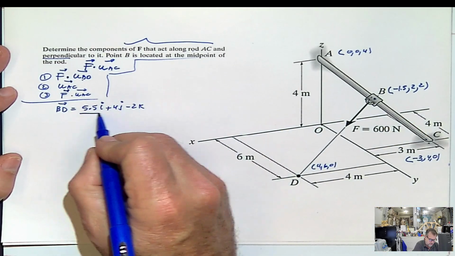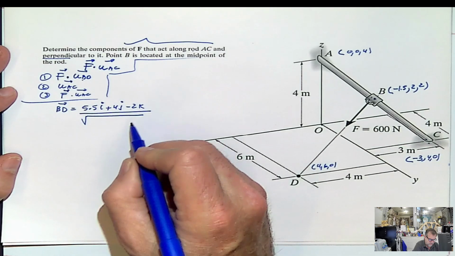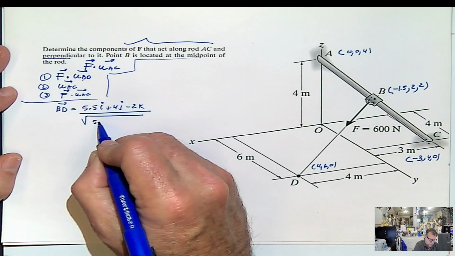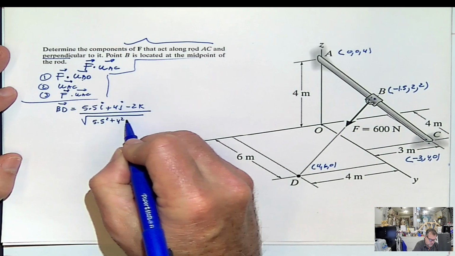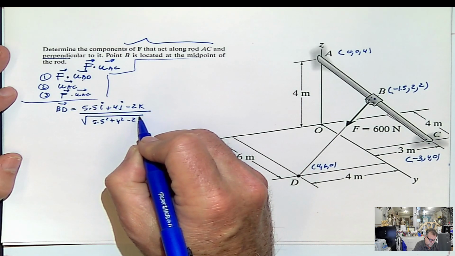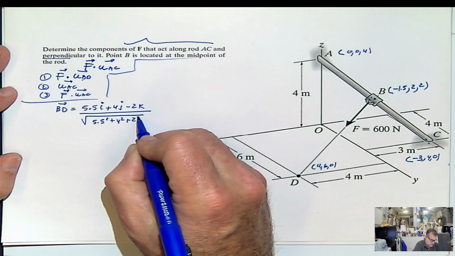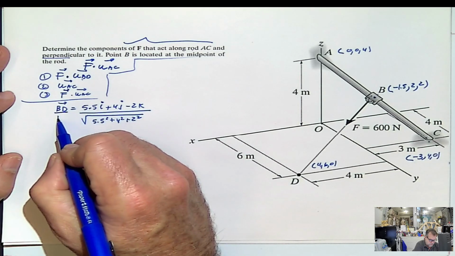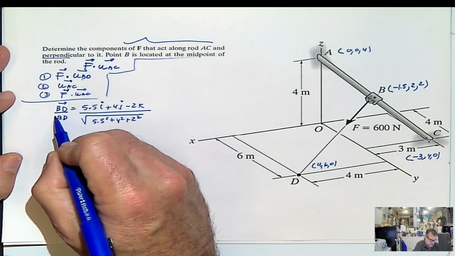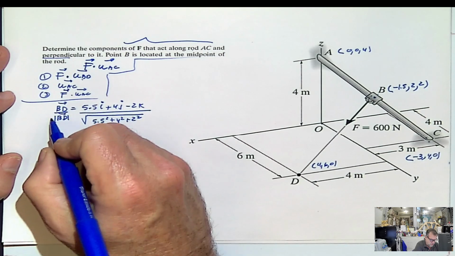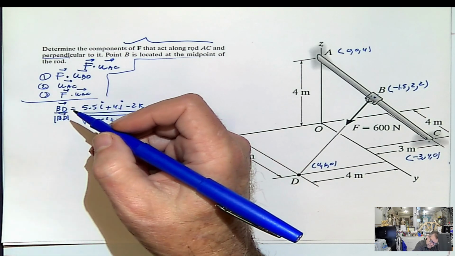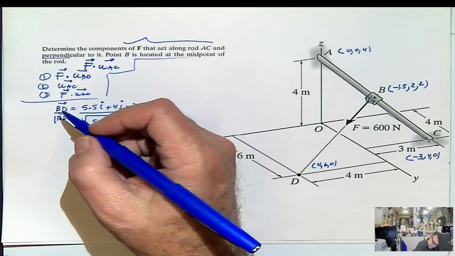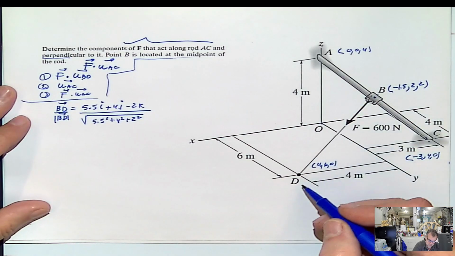Divided by the square root of 5.5 squared plus 4 squared plus 2 squared. That will be the position vector BD divided by the magnitude of BD, which will give you the unit vector in the direction of BD.